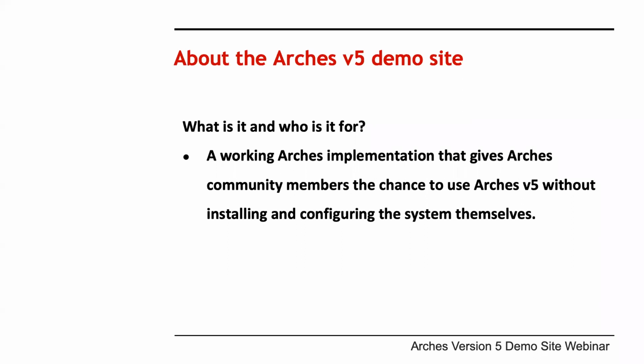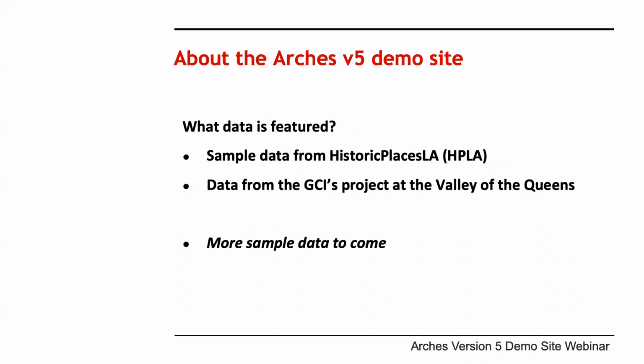Now, one thing to note is that because every organization has somewhat unique requirements, standards, and terminology, you may see things in the demo data and interface that might not line up with how your organization works. For example, for this demo site, we took sample data from Historic Places LA, as well as the GCI's conservation project at the Valley of the Queens.